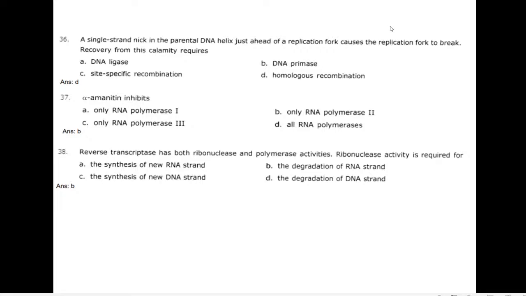This breaking of the replication fork is stopped by the concept called homologous recombination. Homologous recombination happens between the same strands.